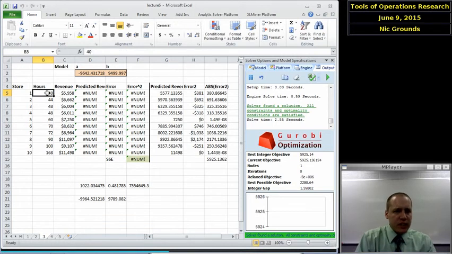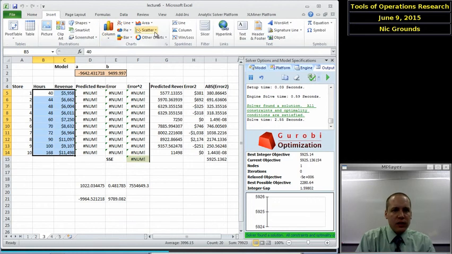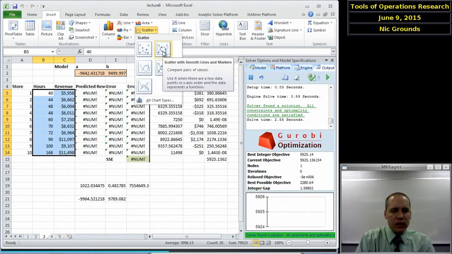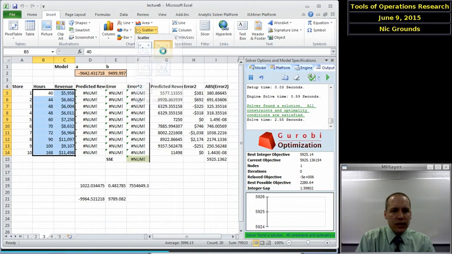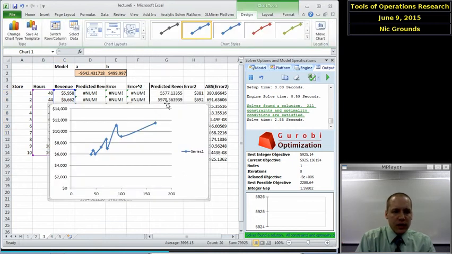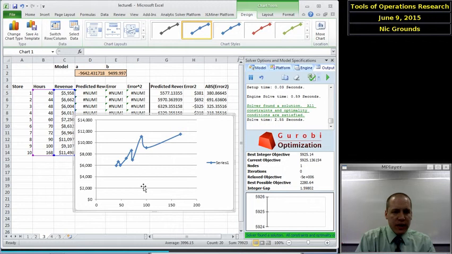Just out of curiosity, let's create a chart. We'll do a scatter chart, since these are already in order of hours. So here's what the data points look like. You can see there's generally the more hours, the higher the revenue. But there's some squigglies and some sort of up and down between them.